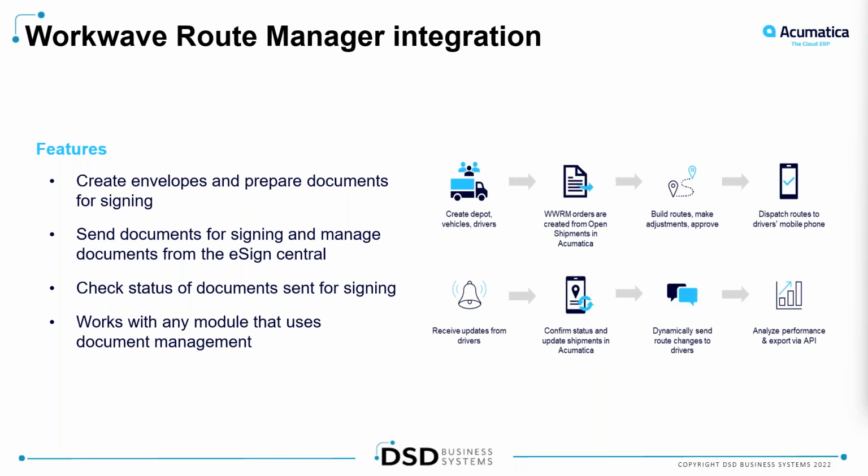So if you are self-delivering sales order shipments, if you are contending with some requirements wrapped around signatures at the job site or signatures off of a service ticket, or many things such as that, this WorkWave route management integration is a great approach.